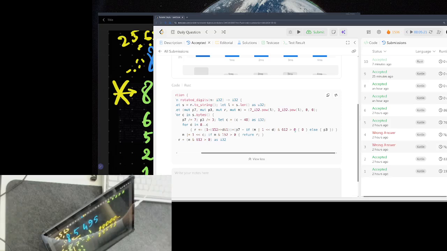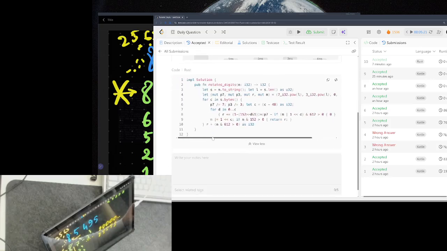And if it is, then we don't subtract, and if it's not, we subtract 3 to the power of the tail length. And if we met a digit that is forbidden, we return early.